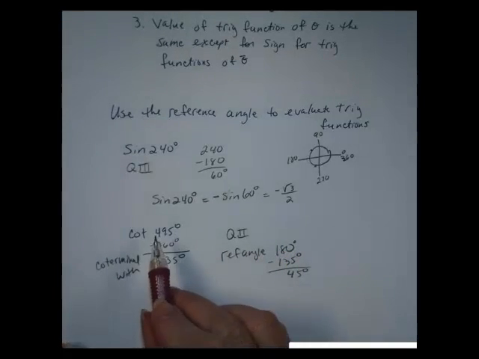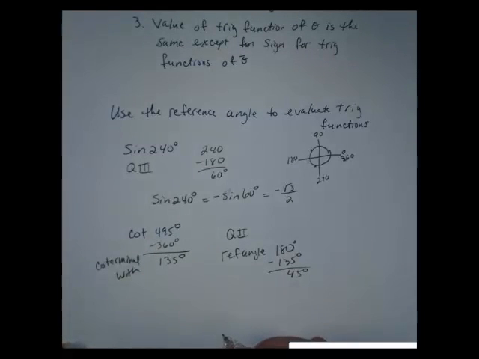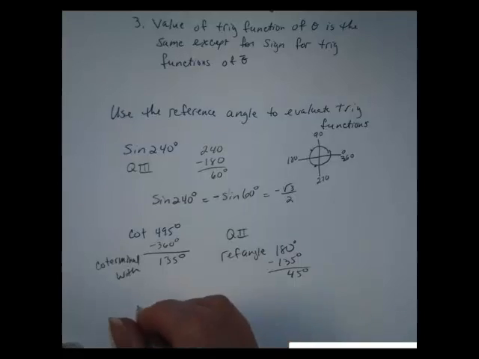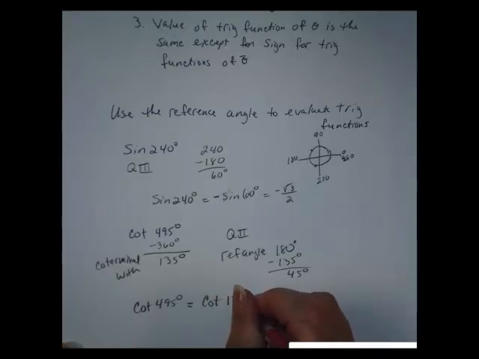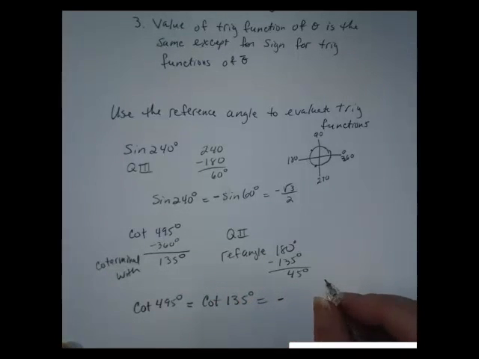Now, cotangent of 495 is going to be negative. So we can write, just like we did before, that the cotangent of 495 degrees will be equal to the cotangent of 135 degrees, which is equal to the negative of cotangent of 45 degrees.